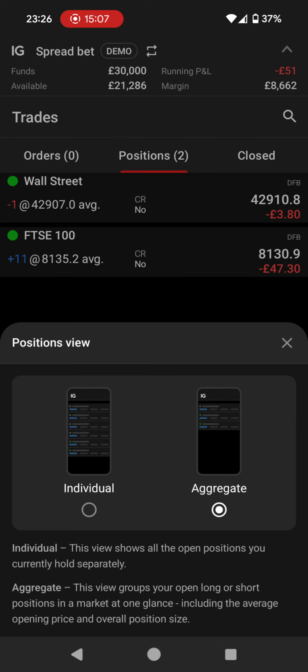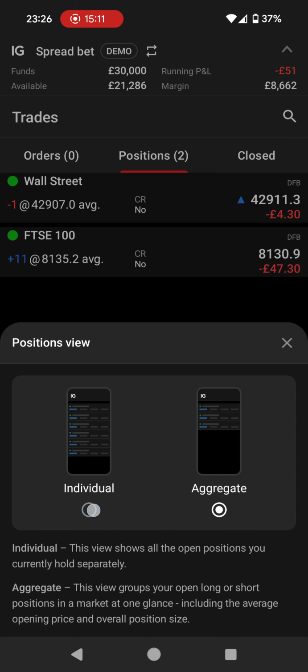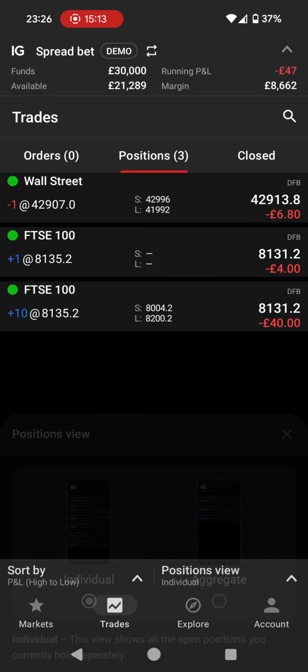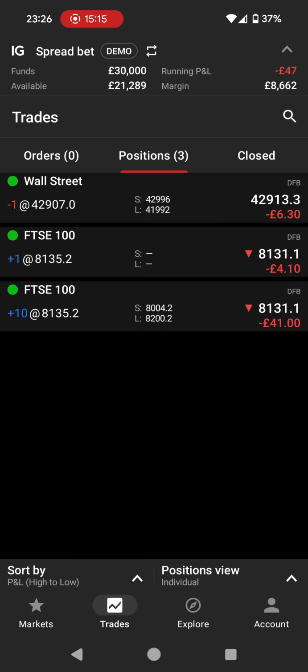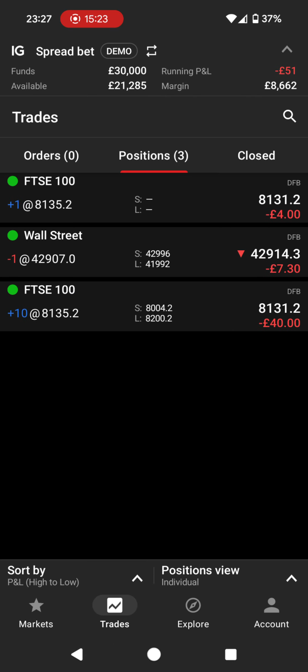You can, on the bottom here, change it to individual trades. So now you can see your 10 points and your single point. And as you can see, this one doesn't have a stop loss or a limit because I never put those on.